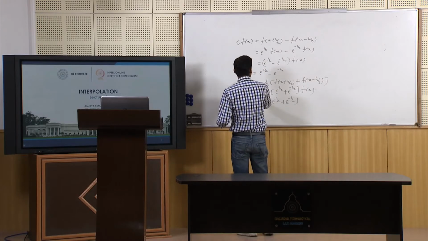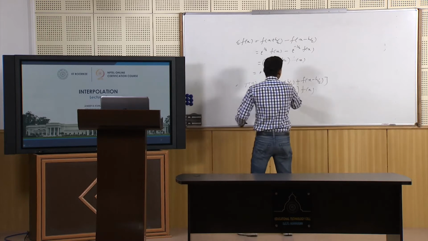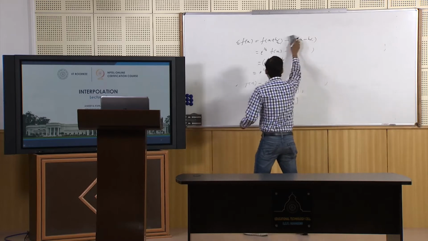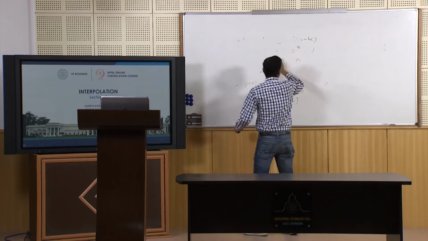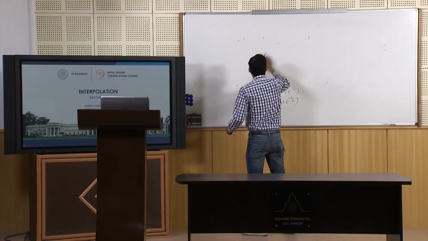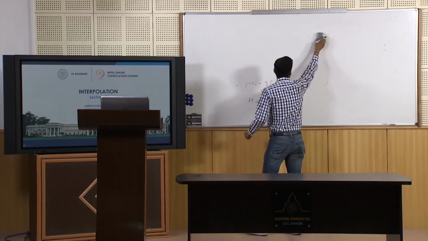So it can be obtained from this operator here, since usually we are expressing delta as E raised to the power half minus E raised to the power minus half.